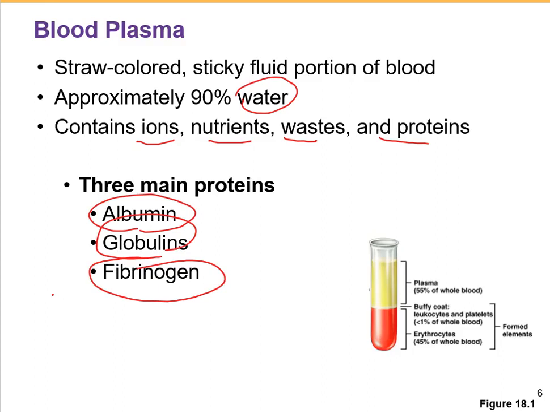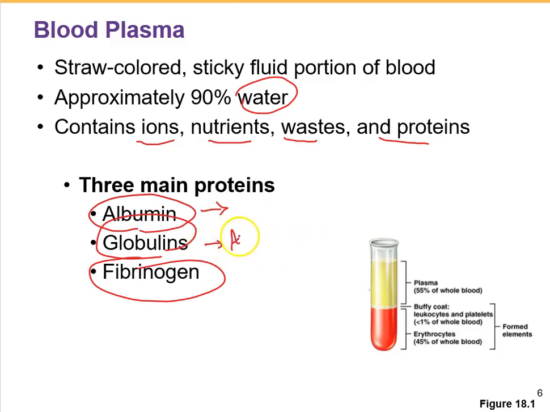So as you can see, these three different types of proteins found in blood plasma have different functions. As I mentioned, albumin, which is the most abundant protein in plasma, has the important job of keeping water from diffusing out of the blood into the interstitial tissue.